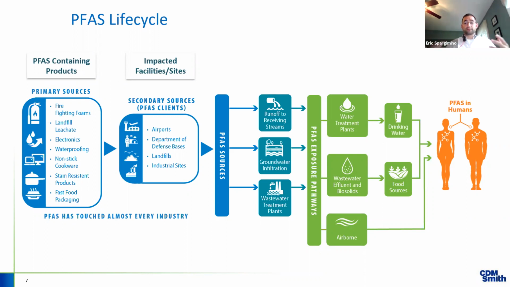Because PFAS are ubiquitous in the environment now, we need to think about the exposure pathways to the right in green. So is it a direct exposure pathway? That's where we talk about drinking water and when it goes to the water treatment plant. That's a very direct exposure pathway. The toxicology of some of these compounds is very well understood.